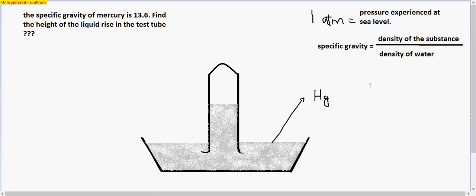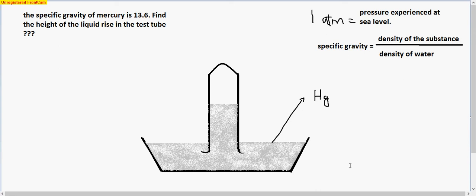Specific gravity is the density of the substance divided by the density of water. You can relate it with the refractive index. If you know refractive index, it's kind of easy. Refractive index is the speed of light in vacuum divided by the speed of light in that substance. Okay, you can kind of relate it to that. Now that is what specific gravity is.